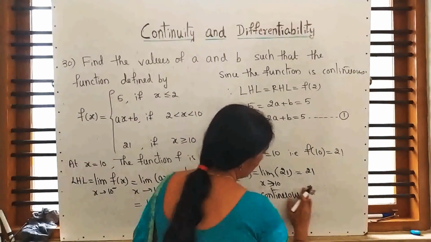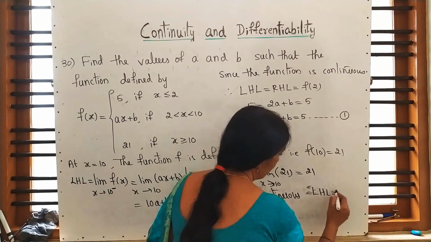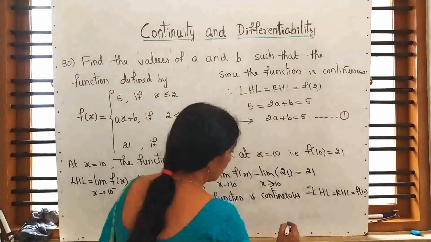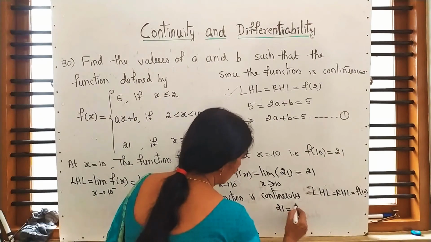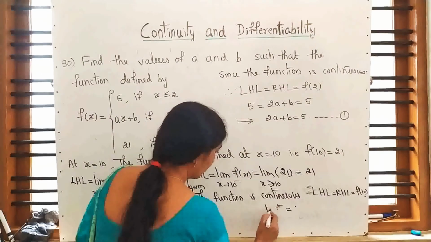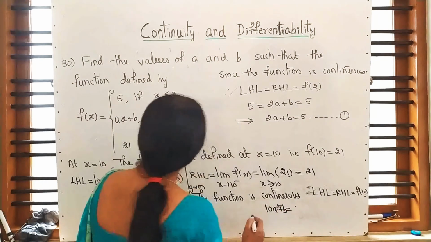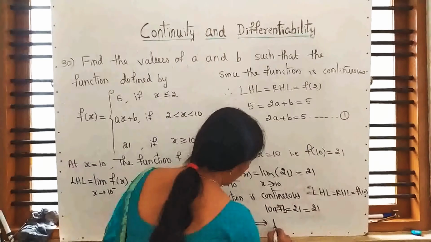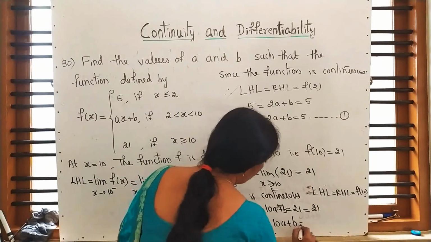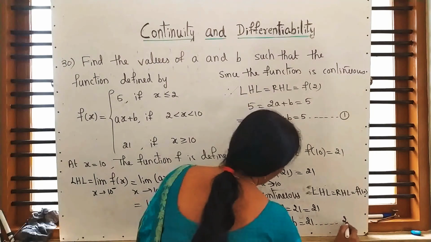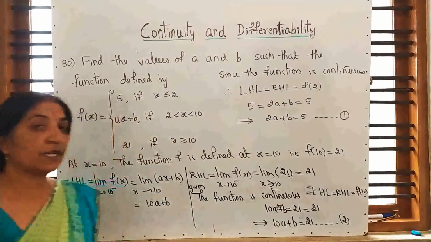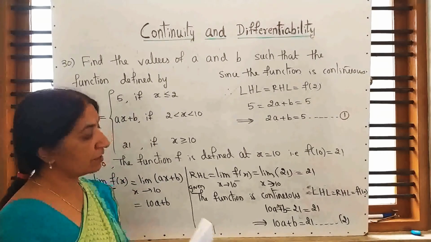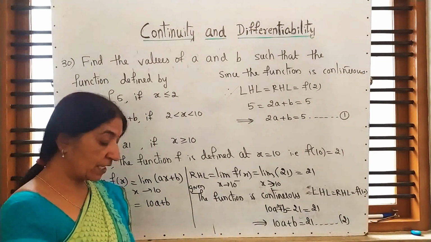Therefore, LHL is equal to RHL is equal to f of 10. Then 10a plus b is equal to 21. So this is equation 2. So at 2 points the function is continuous and we got 2 equations. So solve those 2 equations, you will get a and b.